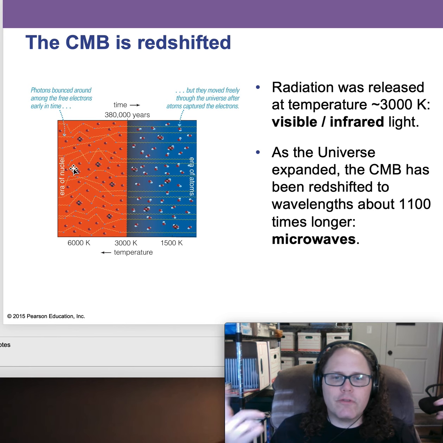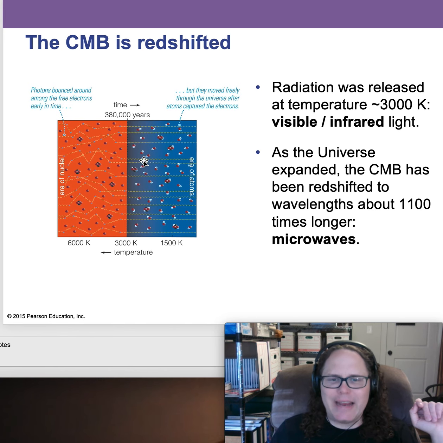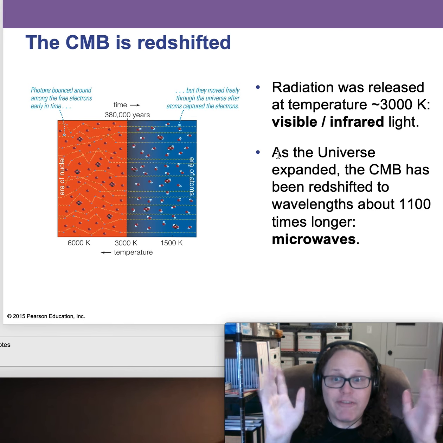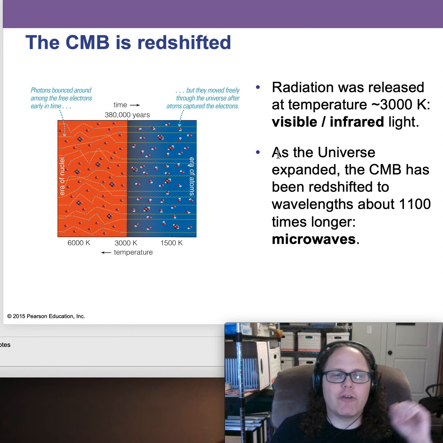But when the universe expanded enough and got cool enough that the electrons could bind to the protons, then all that light was released. And we can still see it today. Although it was released at 3,000 Kelvin, visible light, infrared light mostly, but a lot of visible light too. Since then, as that light has traveled the long distance to our telescopes, it has expanded to longer wavelengths, 1,100 times longer. Microwaves.